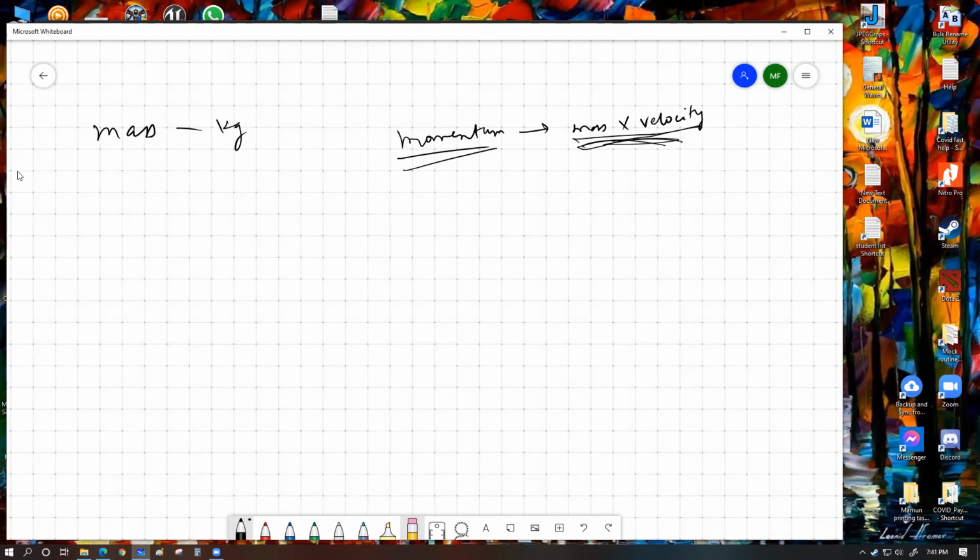Let's say for a single human being, it is pretty difficult to stop a long bus or truck, maybe going at only 10 kilometers per hour. Although the speed is not quite high, because the mass is quite massive, it is difficult to stop. Similarly, think of a bullet shot from a gun.